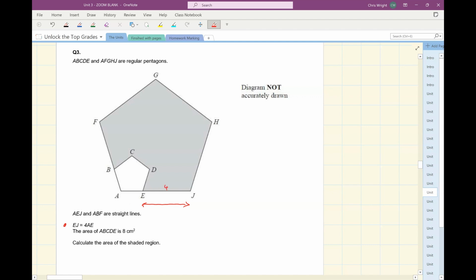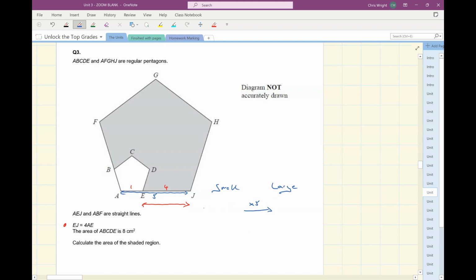Now be careful with this, because if, for instance, AE is 1, then EJ is 4, but importantly, the whole of that length would be 5. So the linear scale factor between the small and the large pentagons is 5, because the side length of the large pentagon is 5 times the side length of the small pentagon.